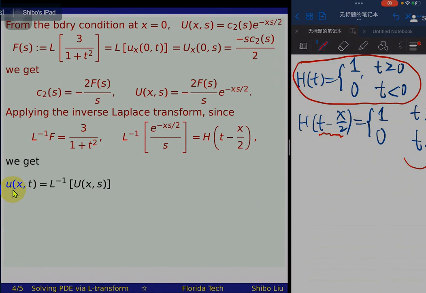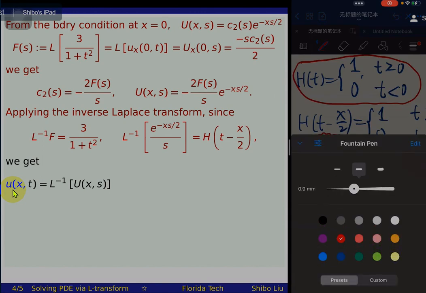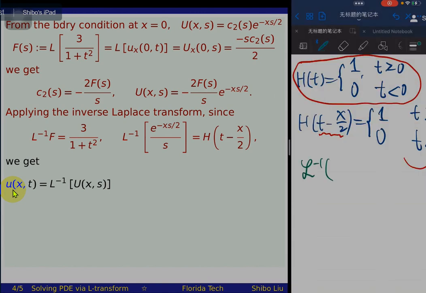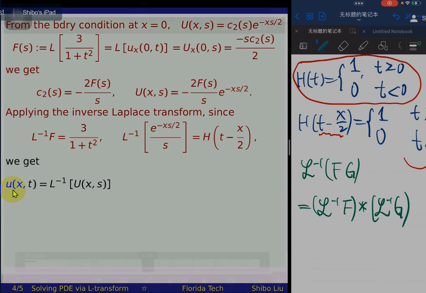Then the Laplace transform has a very useful property: the Laplace inverse transform of the product of two functions equals the convolution of their inverse transforms. We apply this property. Now, go to our problem.